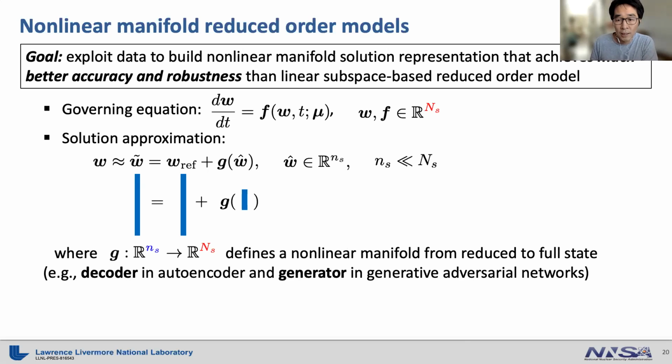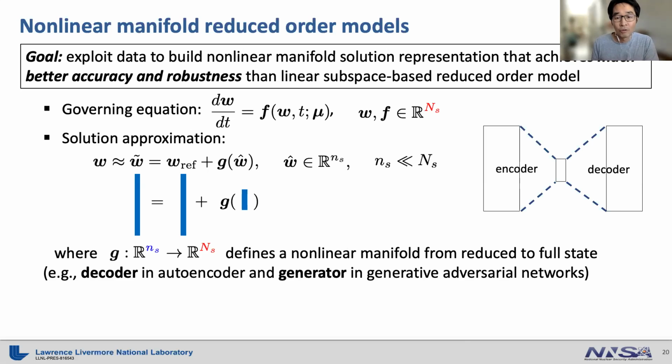We obtain that by training an autoencoder using the solution data, as you have seen from the deep fluid approach. Now, after you train the autoencoder, you take the decoder, and if you look at the decoder, it is mapping the small latent space to the big space. So that is a perfect candidate for this nonlinear function G.